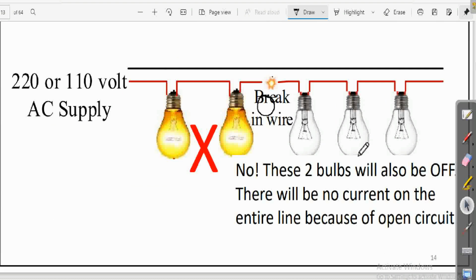But have you observed, if there is a break in the wire, will this thing happen in real time? No, these two bulbs will also be in the off state. There will be no current in the entire line because of this break. The total circuit becomes an open circuit, so there is no current flow.